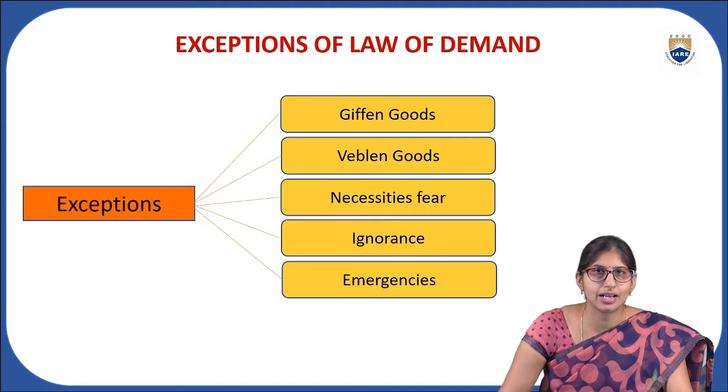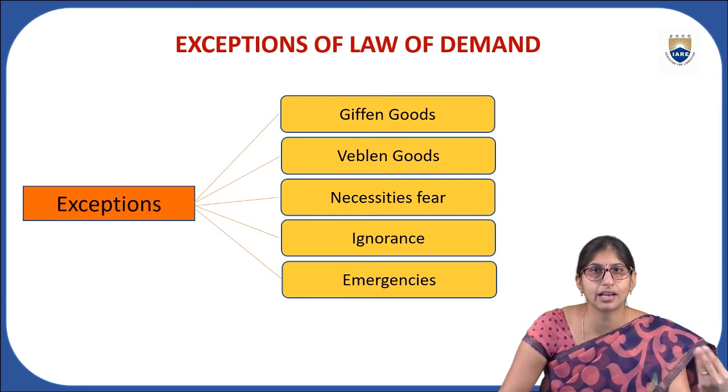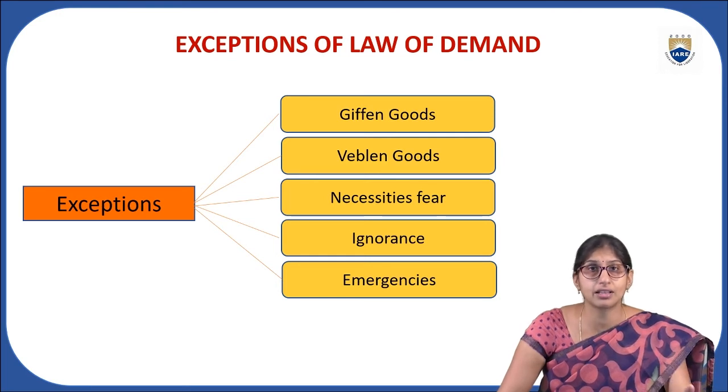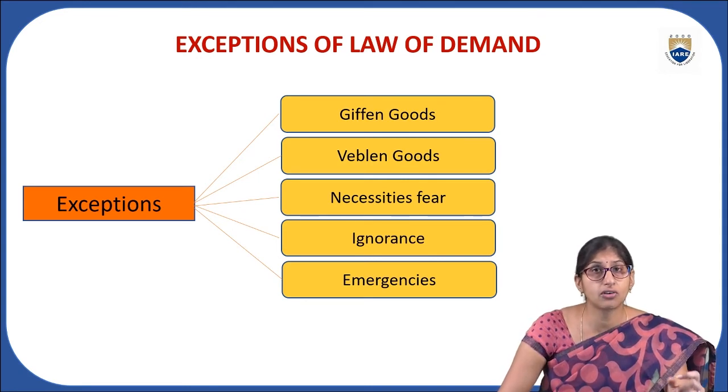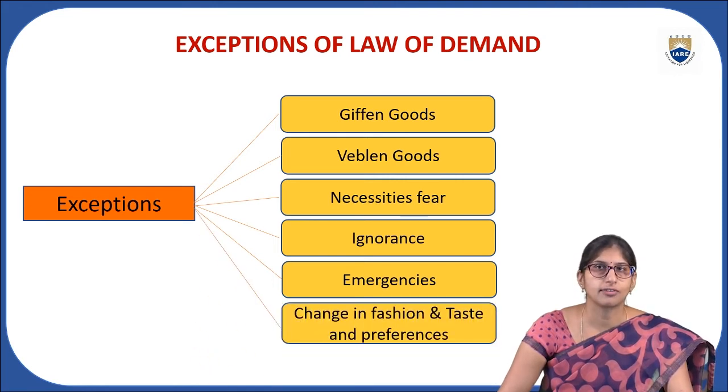Do we see what the price of it is? Based on our emergency, we buy, whether in the black market or white market or anywhere, though it is 10,000, 20,000, we need to buy it, not just like to buy. We need to buy that particular product at that moment itself, right? So here also we are not looking at the price change. It is also one of the exceptions of the law of demand.